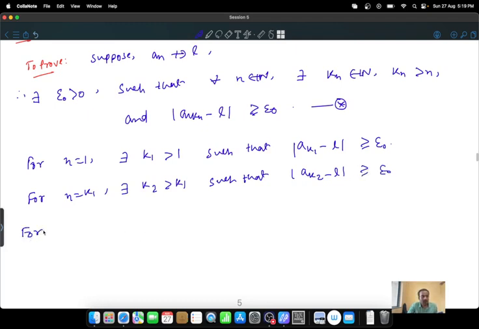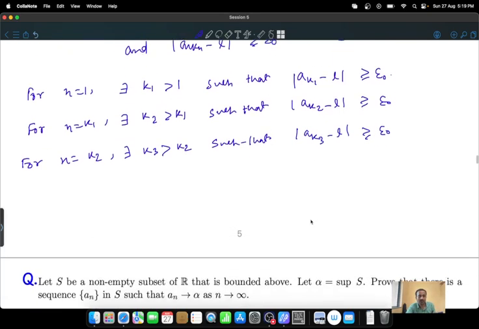Now for n equals k_2, again there exists k_3 greater than k_2 such that mod of a_{k_3} minus l is greater than or equal to epsilon naught, and you keep on doing the same thing.